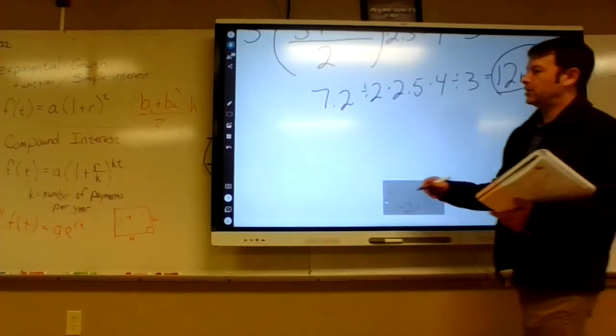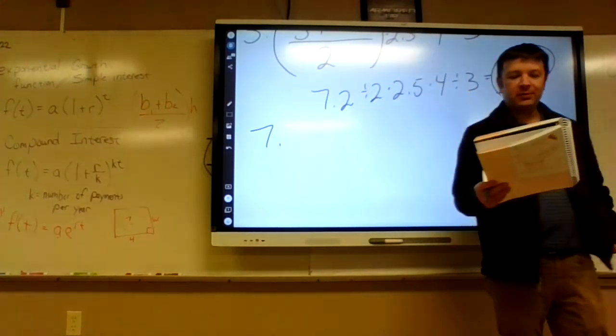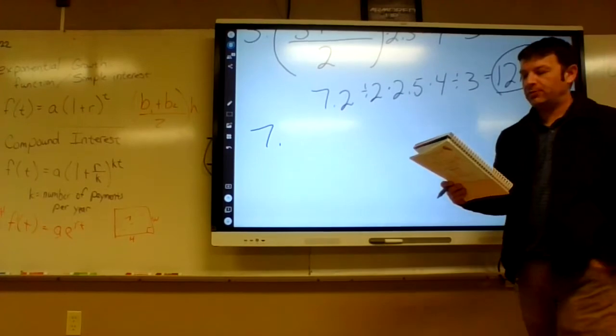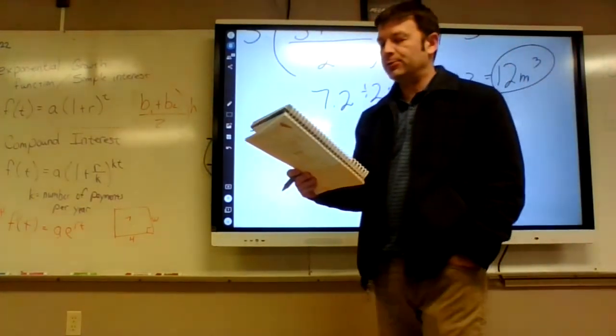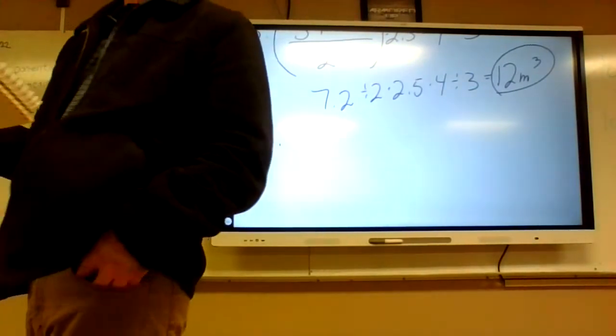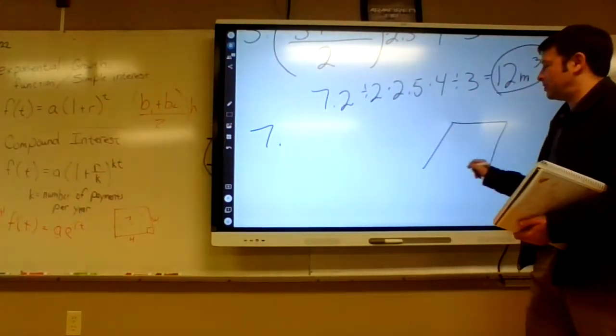Okay, number 7. Same thing, they didn't draw a picture for us, and I don't think I'm gonna try. Number 7, find the volume of a 35-inch tall pyramid, so another pyramid, whose base is a rhombus with diagonals 24 and 29. Who remembers how to find the area of a rhombus?